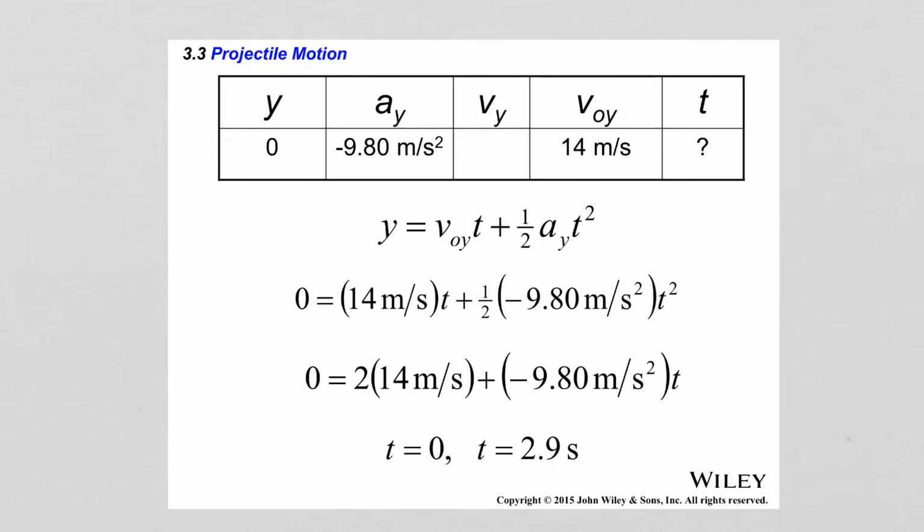So I can cancel t here and the second power here, and I end up with zero is equal to 2 times 14 meters per second plus negative 9.8 meters per second squared times t. And so t is either equal to 0 seconds or t is equal to 2.9 seconds. Obviously, since the ball is spending some time in the air, the time of flight cannot be equal to 0. Therefore, the correct answer will be 2.9 seconds.